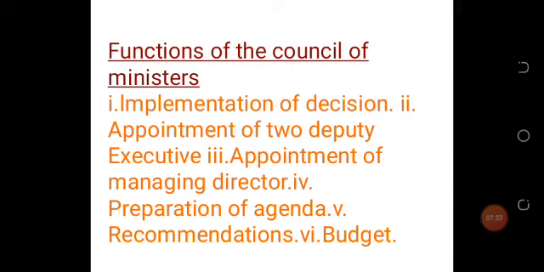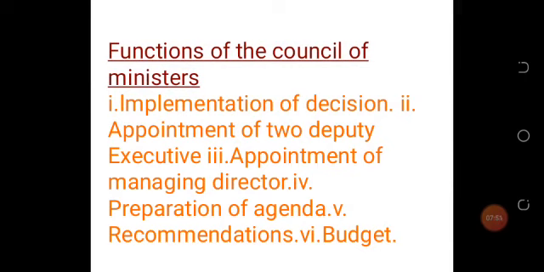Another function of this Council of Ministers is preparation of the agenda. The body prepares the agenda for the meeting of the Heads of State and Government. Every discussion in the Authority's meeting is prepared by the Council of Ministers. That is the agenda we are talking about. Then, recommendation.